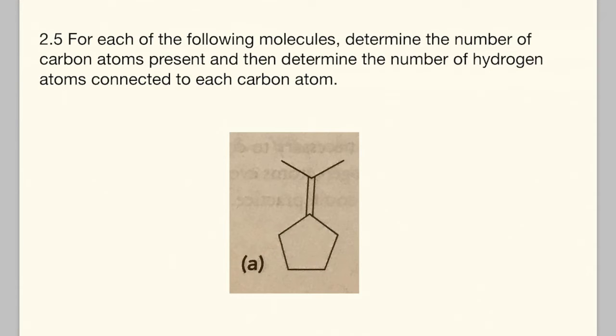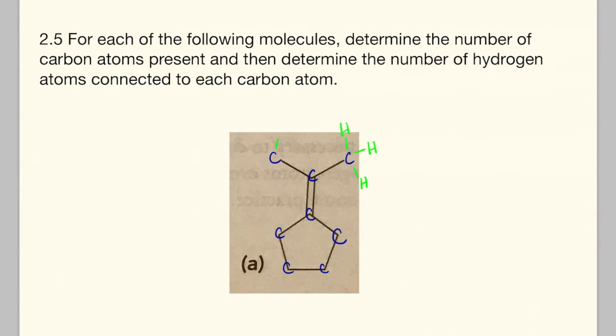So let's draw the C's here. Remember, any end of a line or any intersection should be a carbon atom. And then remember that all carbon atoms must have 4 total bonds to it. So this carbon here needs 3 H's.